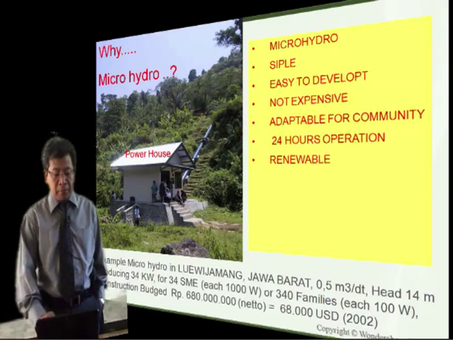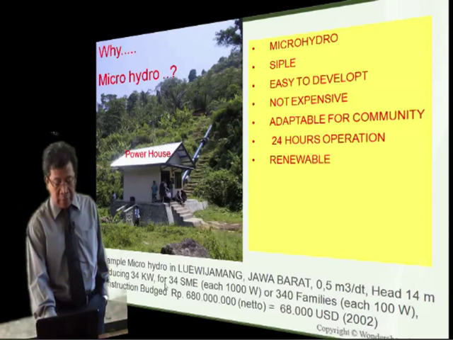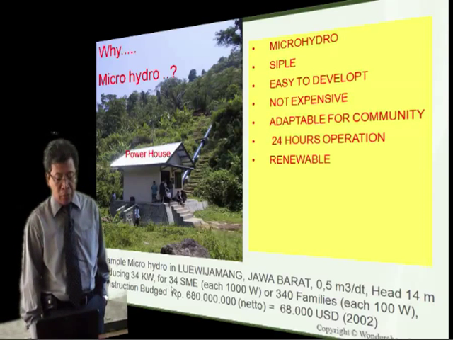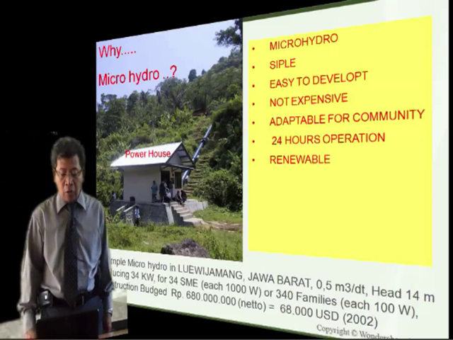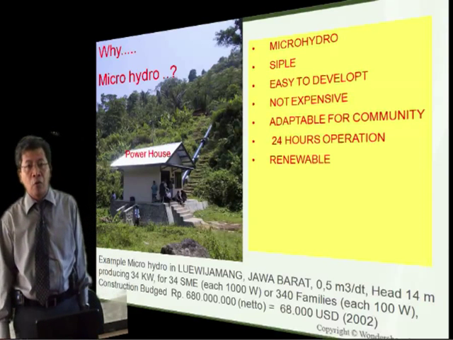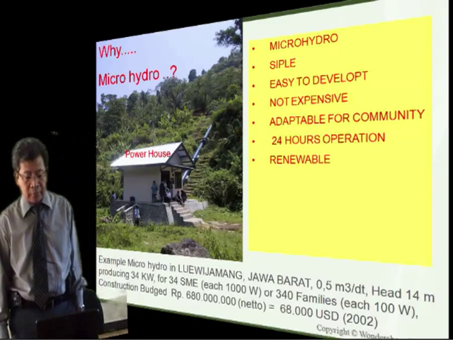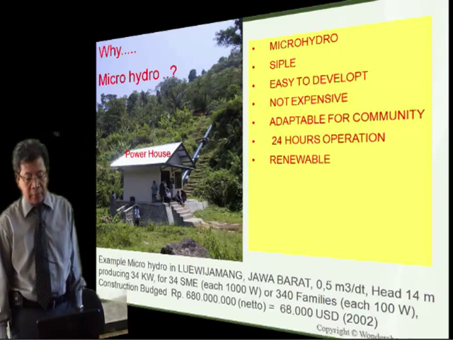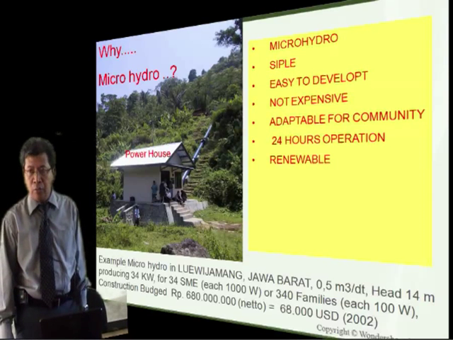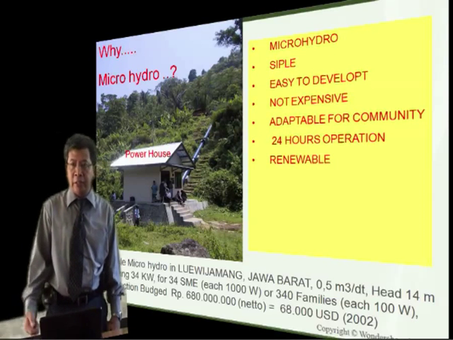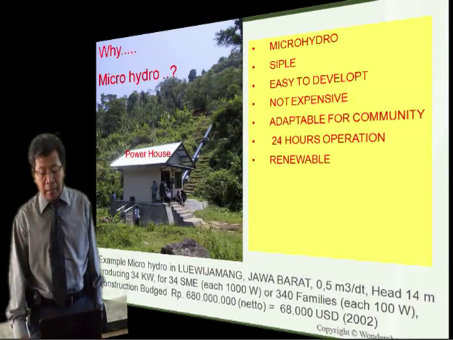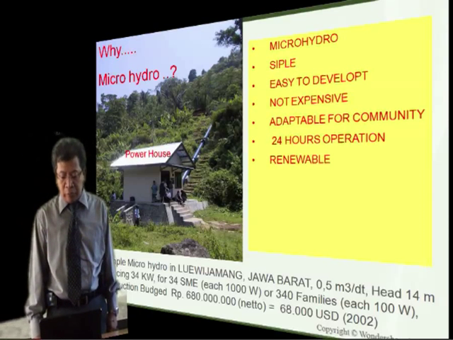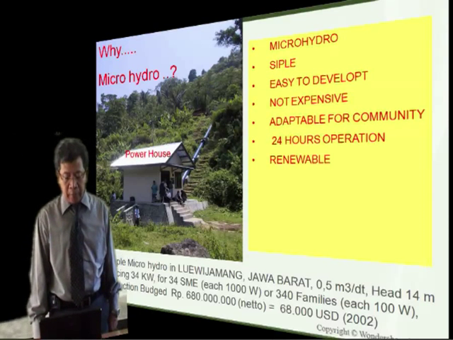For every small and medium enterprise at 1 kilowatt, we can develop 34 small and medium enterprises. Or if every family in a village needs only 100 watt, which is enough for one family, we have 340 families.